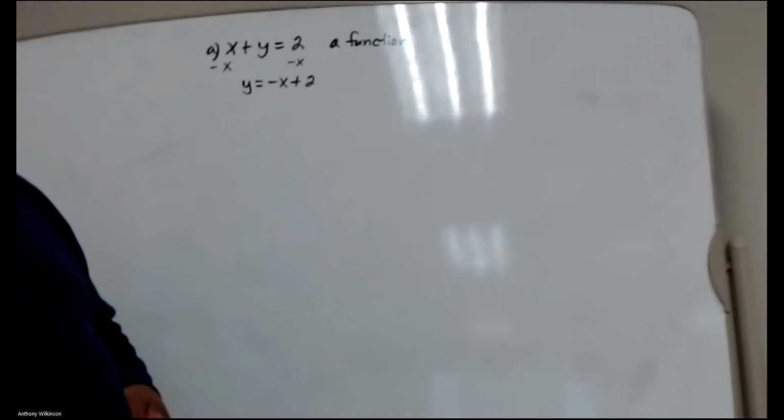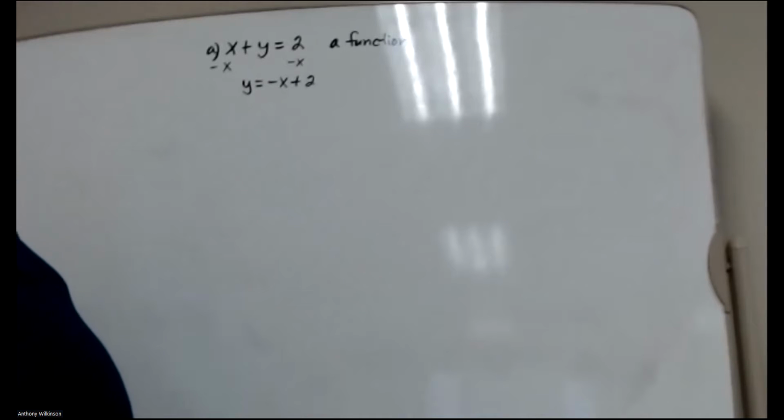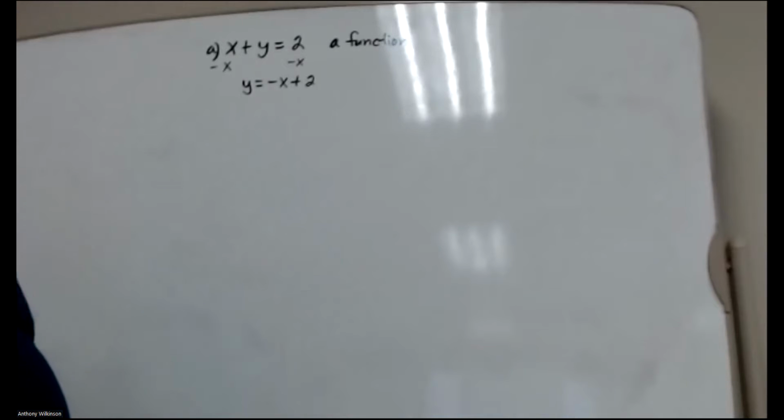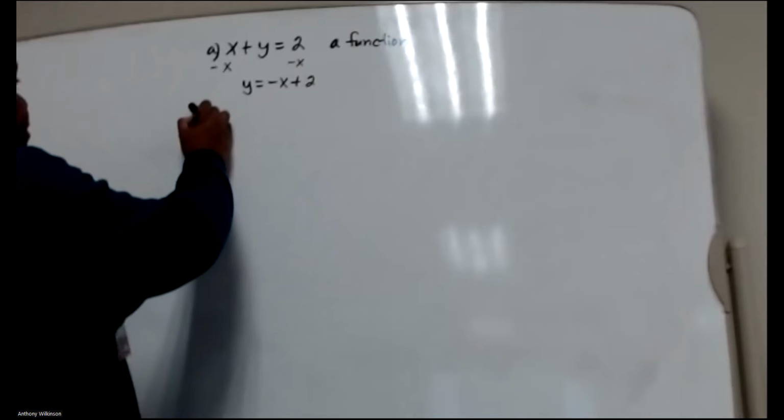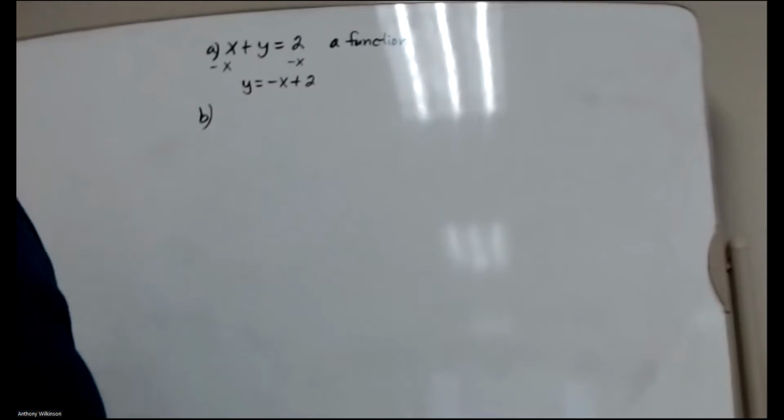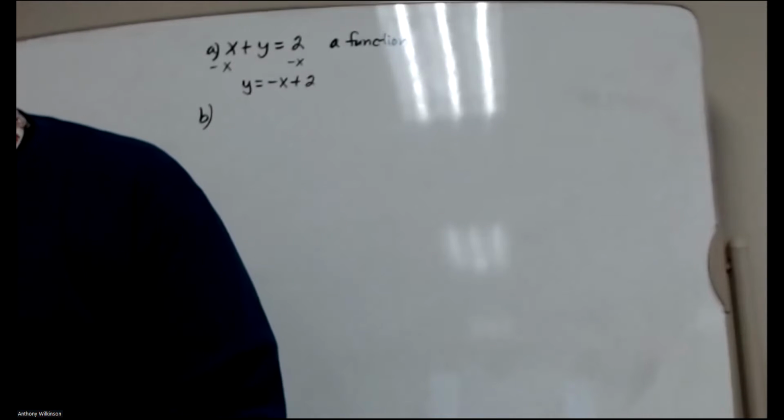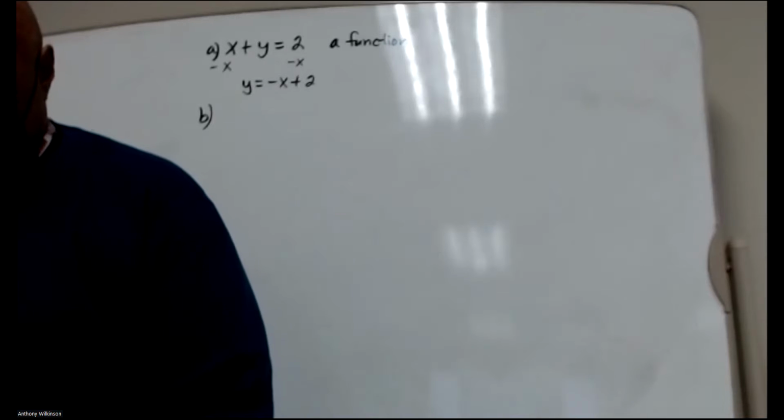So for every x value, I will only have one y value. So that tells me I would have a function. So x plus y equals 2 is a function. Okay. Now, questions on part A, by the way?